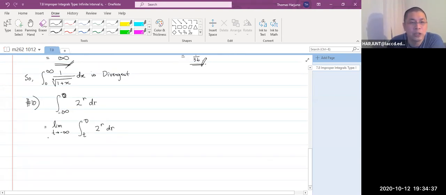No substitution needed. This is the limit as t goes to negative infinity of 2 to the r over natural log of 2. I hope you remember that, right? From t to 0.